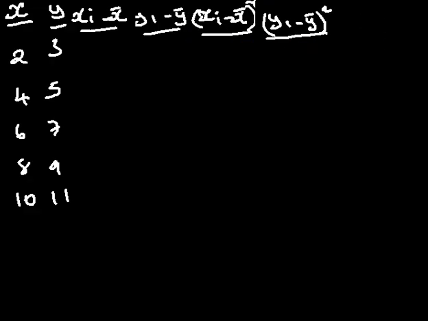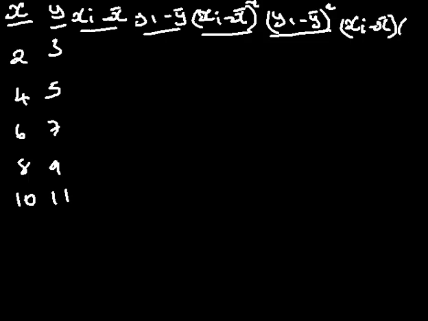In your case, you should be more accurate in your doings. We should also have another column for xi minus x bar times yi minus y bar. At least that one is making sense, and that's enough columns that we can have.